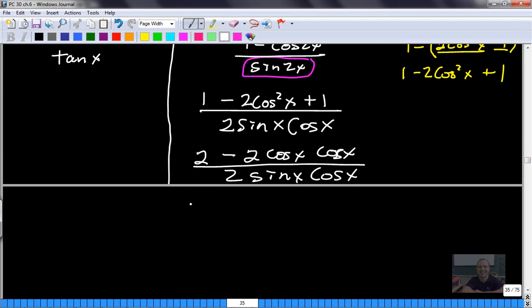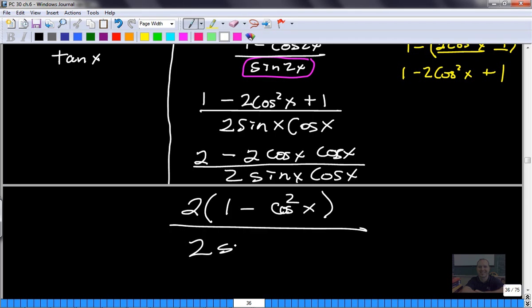And now I can take a 2 out, and I have 1 minus cos squared x. Okay, 1 minus, because that 2 is gone, out there, over 2 sine x cos x.